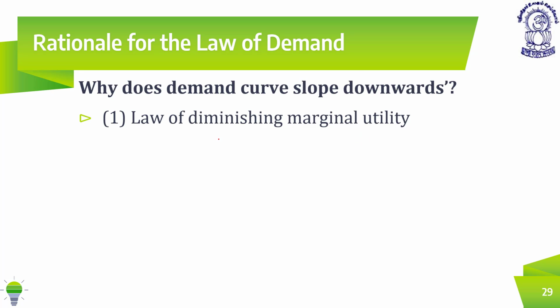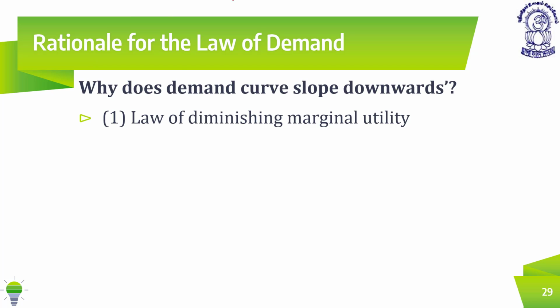Because of the law of diminishing marginal utility. So what is it? When we consume the same product again and again in a continuous manner, the marginal utility, the additional utility of the product, deteriorates. Why? Because we got satisfied.